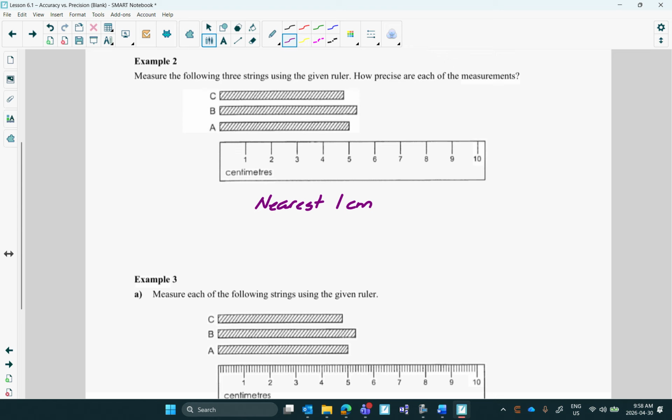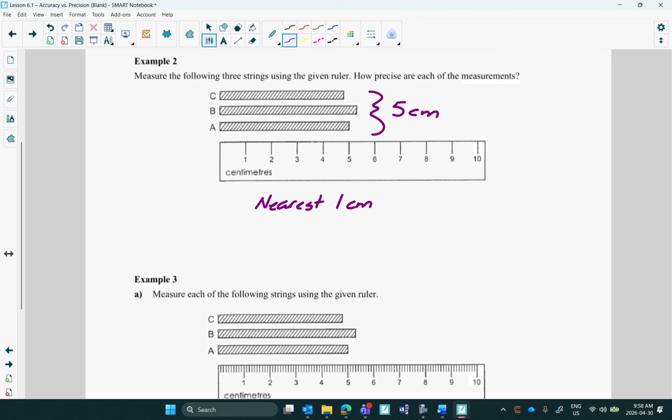How about B? A? All of them are 5. Yes, we know they're not the same length. Okay? The precision is not great.